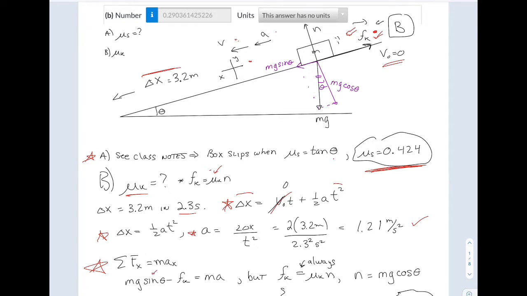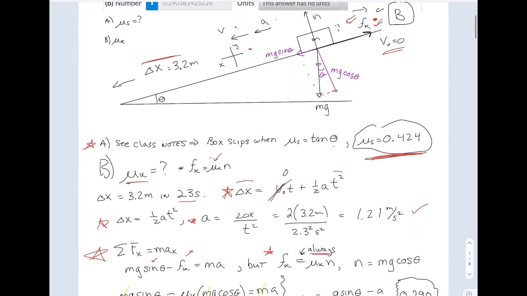So I have mg sine pointing down, kinetic friction pointing backwards, and that's equal to ma. Remember in this chapter, kinetic friction is always mu sub k times n. Now, you could apply F equal ma in the y direction real quick, and you would find that normal force points up, that's equal to mg cosine theta.